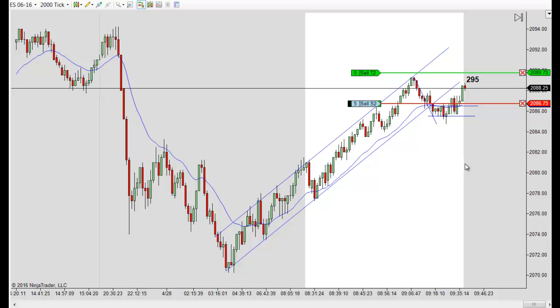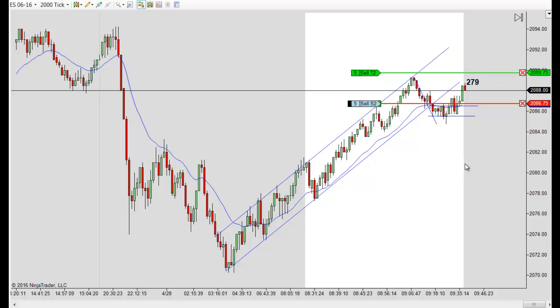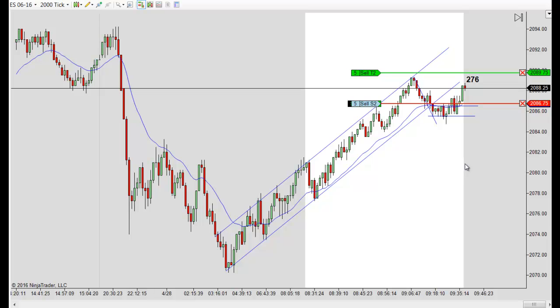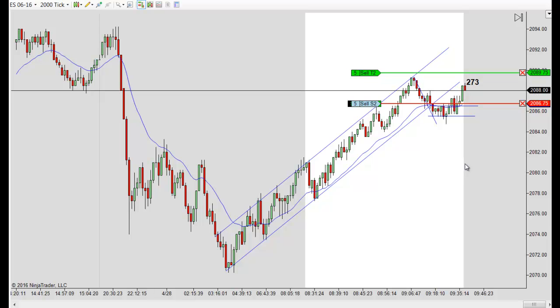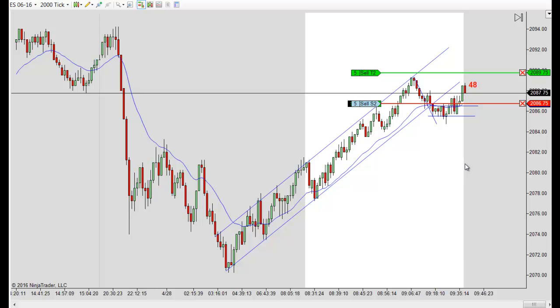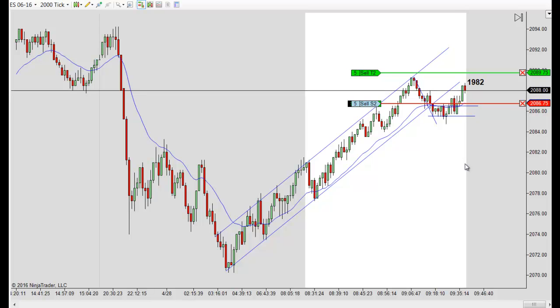Which would give us, let me think about my math here while I'm watching, trying to concentrate on my trade. But if we get 3 points on 5, that'll be 15 points.